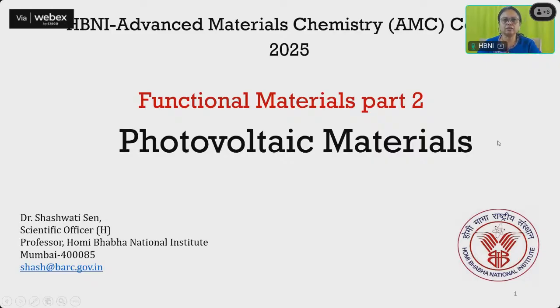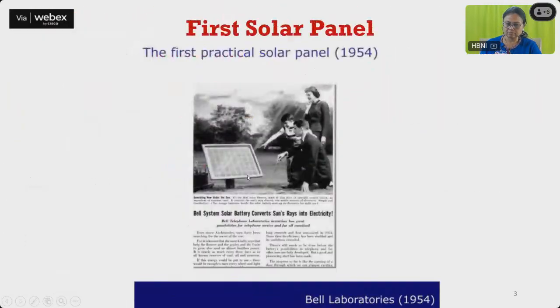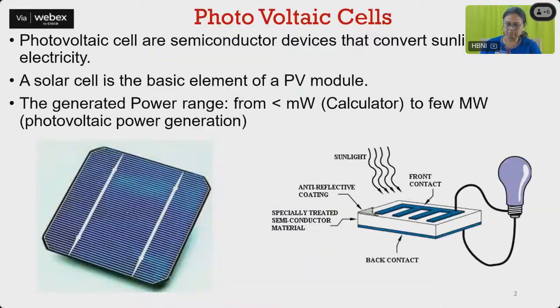Okay, so Functional Materials part 2, I will be starting with the photovoltaic materials. Photovoltaic has two words: photo means photons, light, and voltaic is electricity.